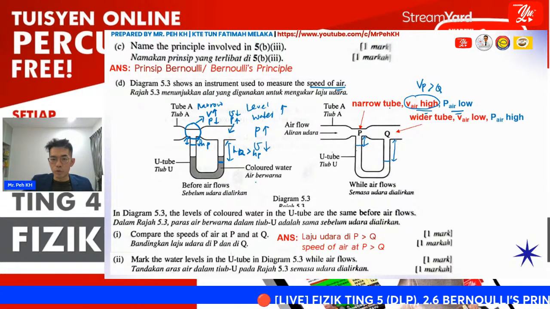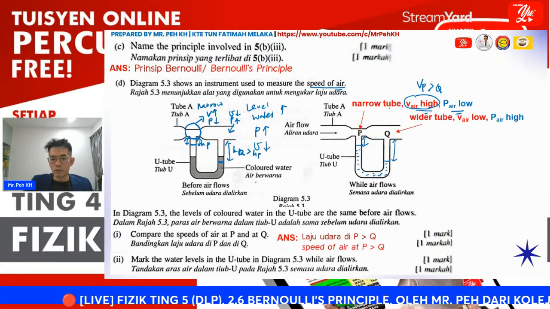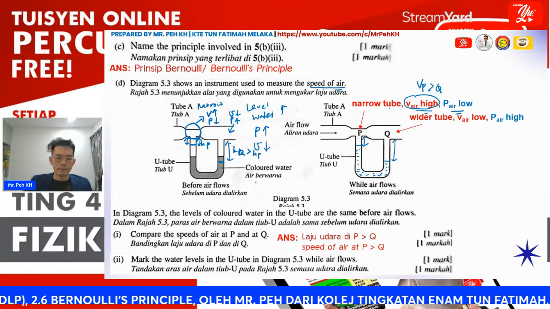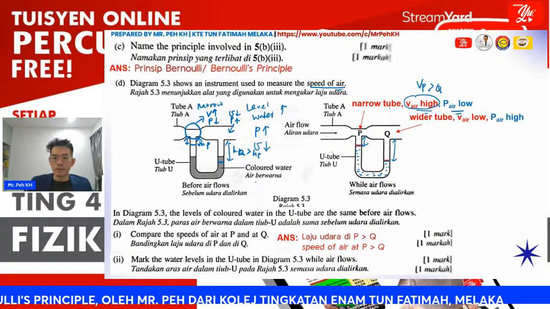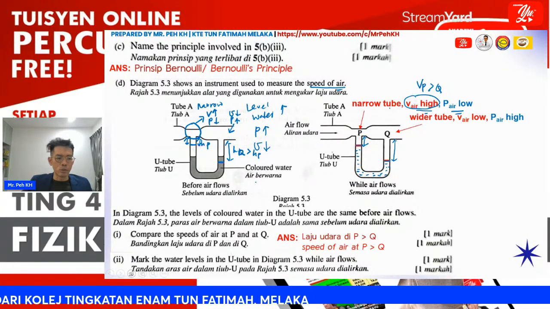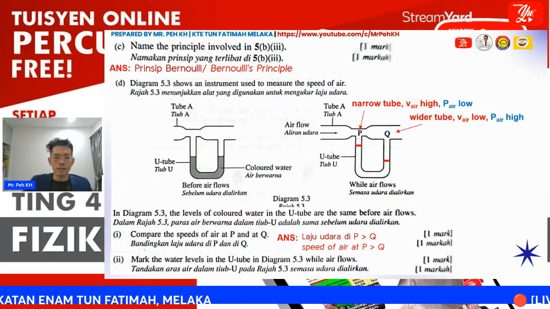Measured from air, the water level will be showing the opposite, vice versa. So this should be the answer. We mark here and here. Clear, everyone? So this is what we discussed already at Learning Standard 1.